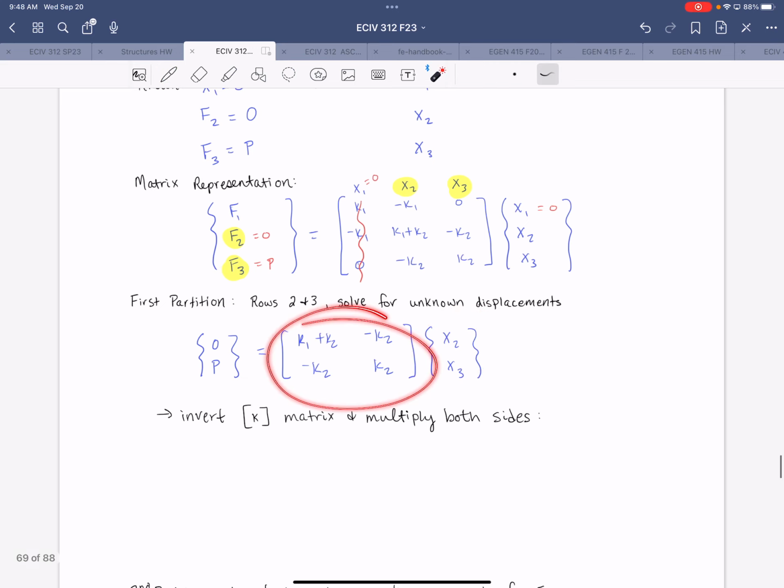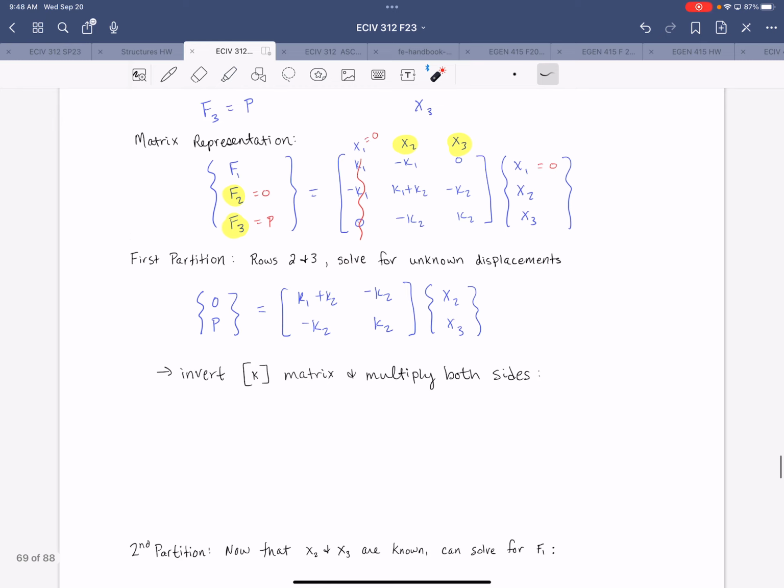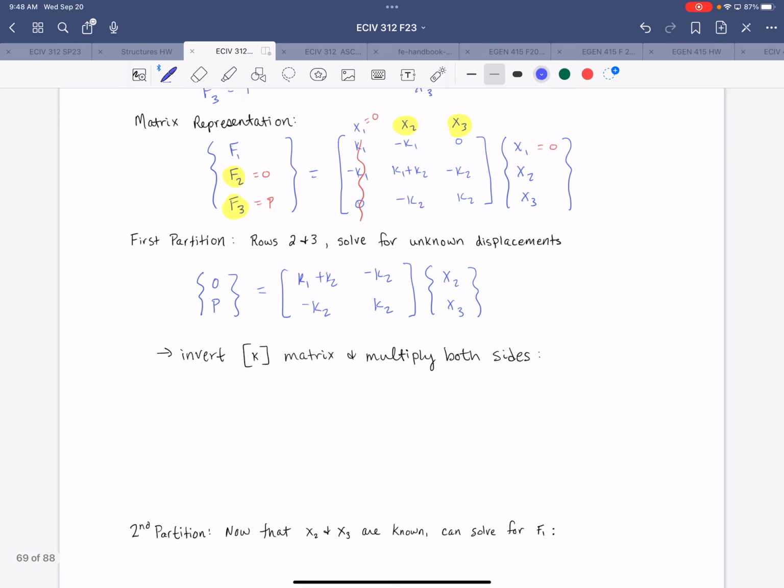So we need to invert this K matrix and pre-multiply both sides to solve for those displacements. We'll quickly write the inverse here: 1 over K1 times K2, times K2, K2 in the first column, and then the second column is K2, K1 plus K2.